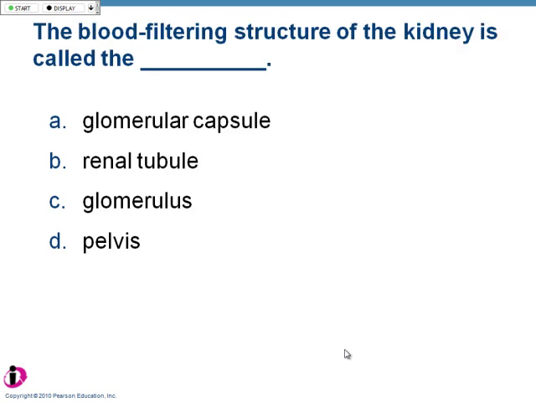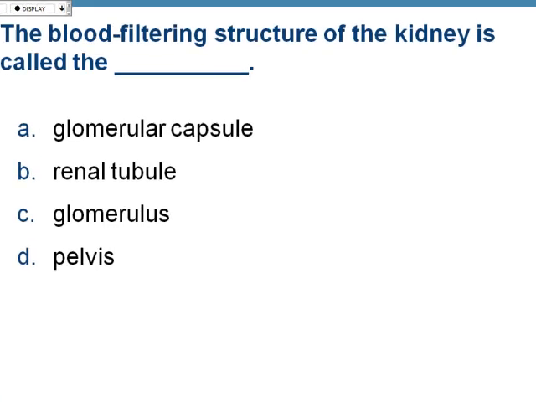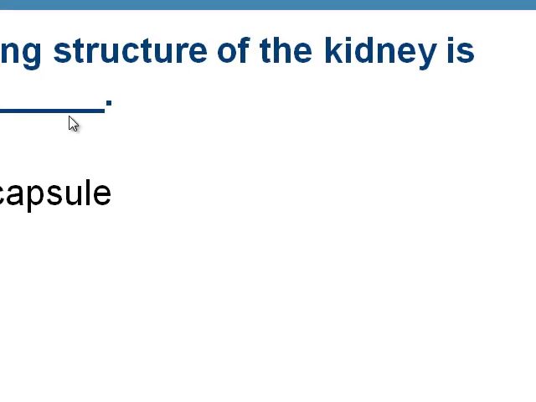All right, next question. The blood filtering structure of the kidney is called the A, glomerular capsule. B, renal tubule. C, glomerulus. D, pelvis.